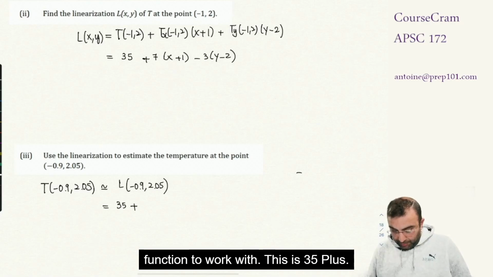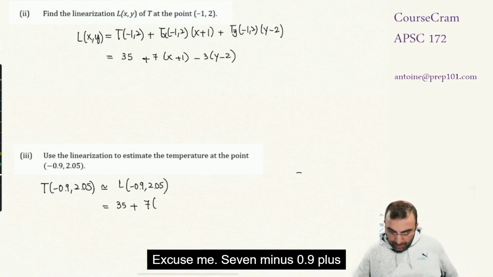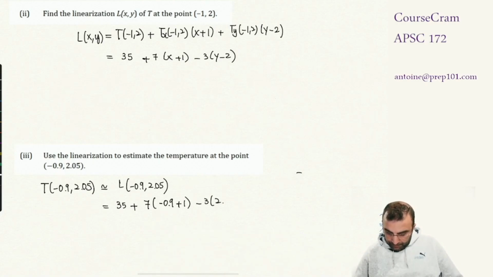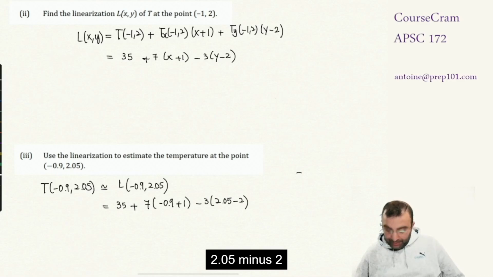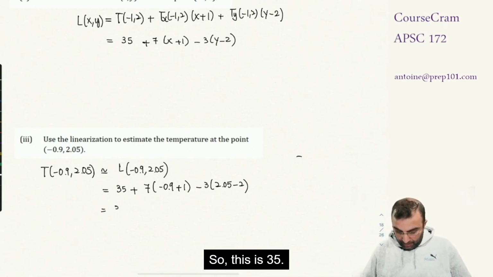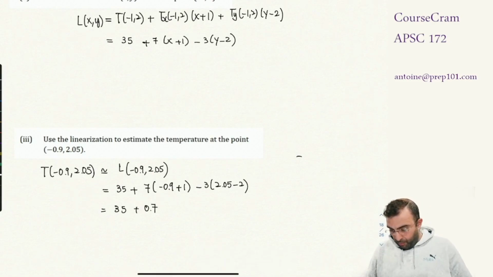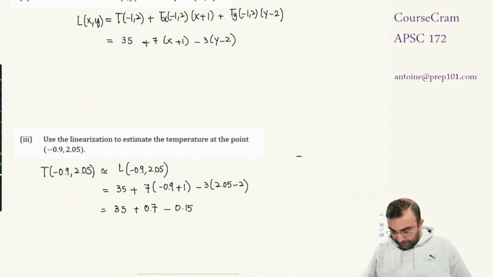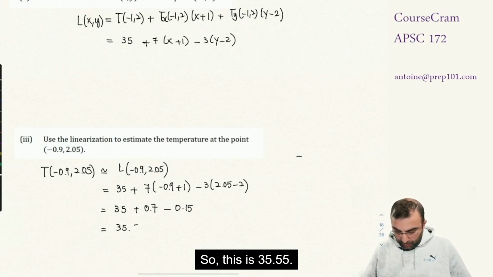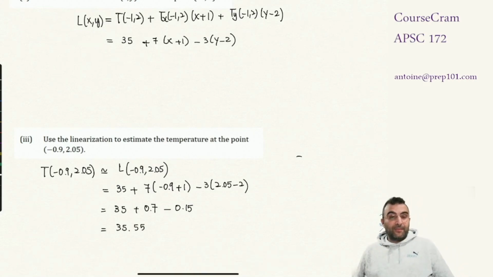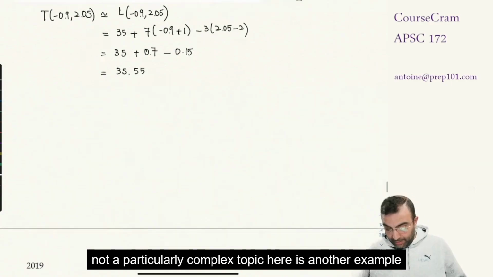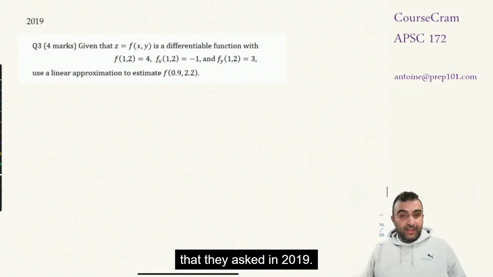This is 35 plus 7 times (-0.9 plus 1), plus... excuse me, minus 3 times (2.05 minus 2). So this is 35, this is plus 0.7, and this is 0.05, so minus 0.15. So this is 35.55. Right, this is not a particularly complex topic.